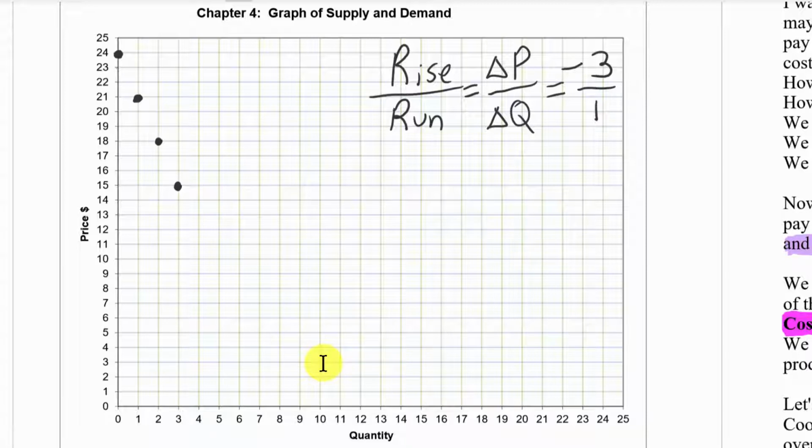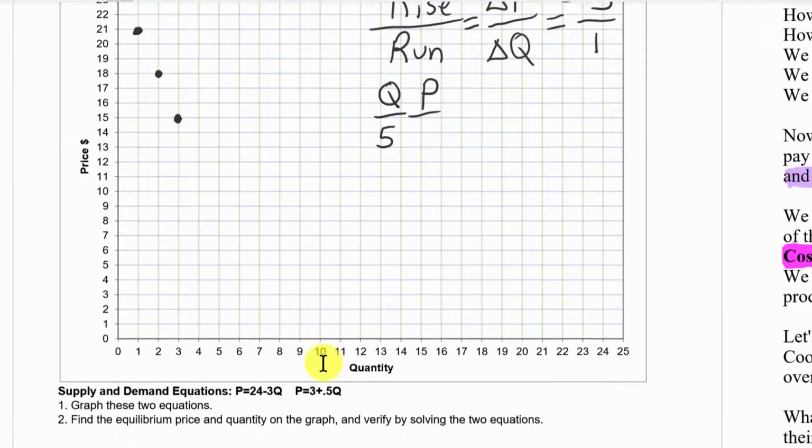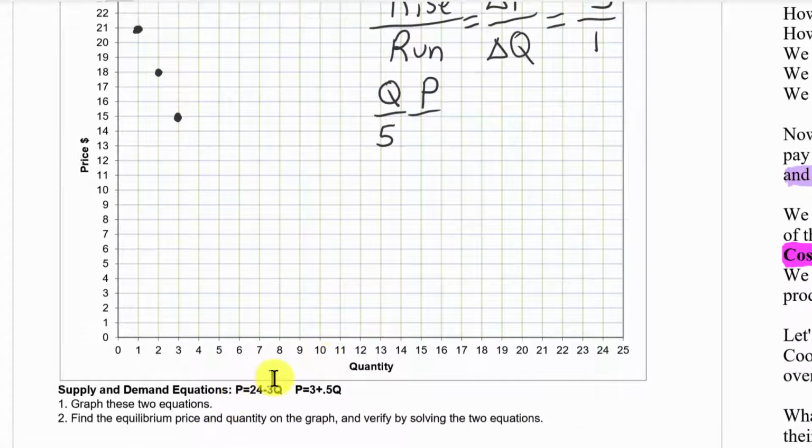However, if you're more comfortable plotting a line by coming up with some points, by plugging in some quantities and getting some prices, you can do that too. You could plug in a quantity of 5, for example, into 24 minus 3Q and say, well, 24 minus 3 times 5 would be 24 minus 15, or 9.